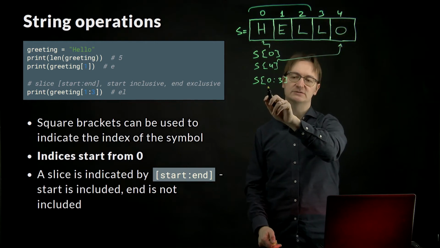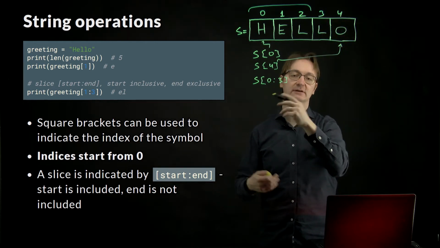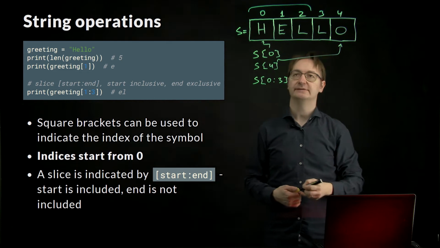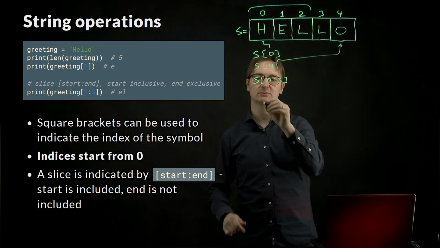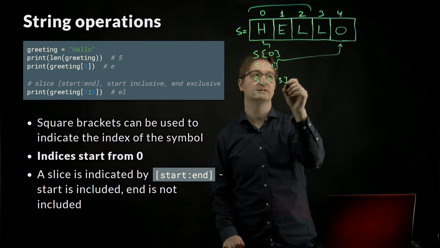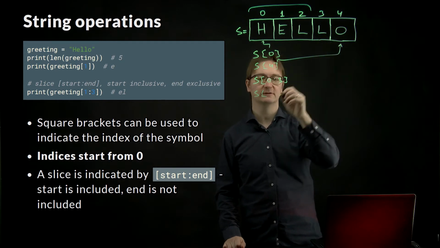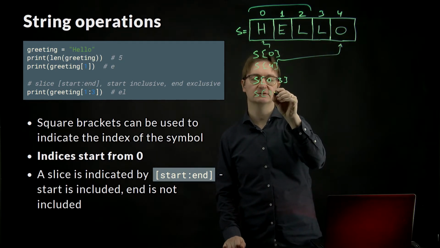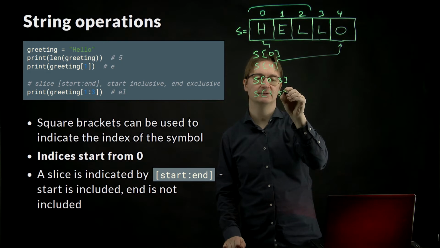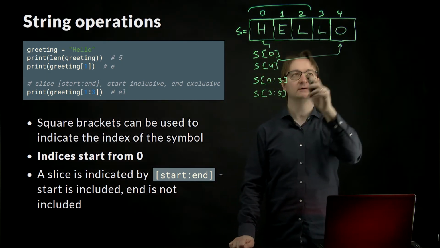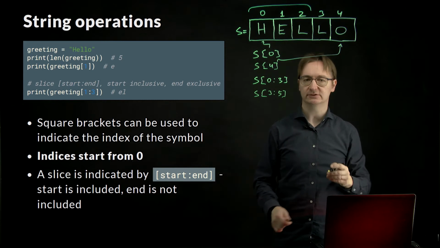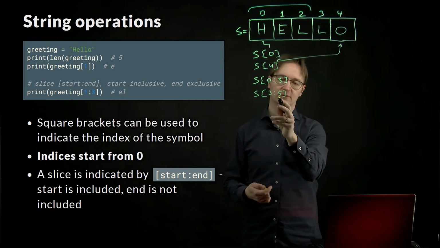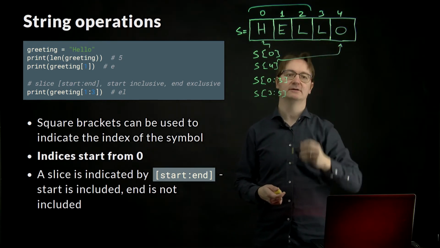So everything from 0 up to 3, but not included. And this we can use also, for example, to get the 2 last elements. We can use 3 and 5 here. As was pointed out, the end index is not included. So if I put 4 here, then I would only get 1 element.